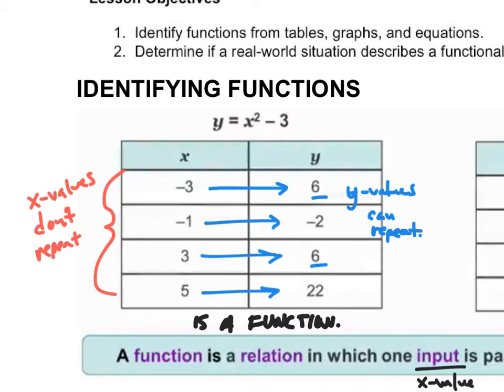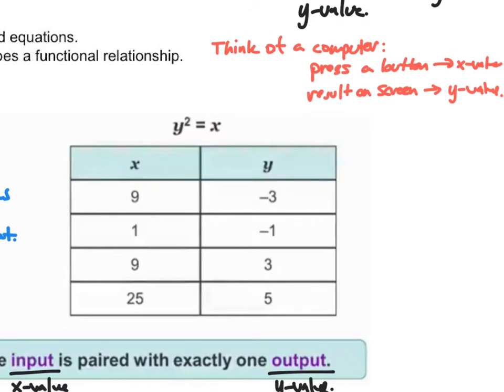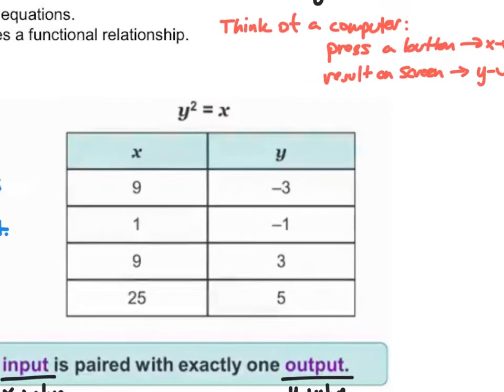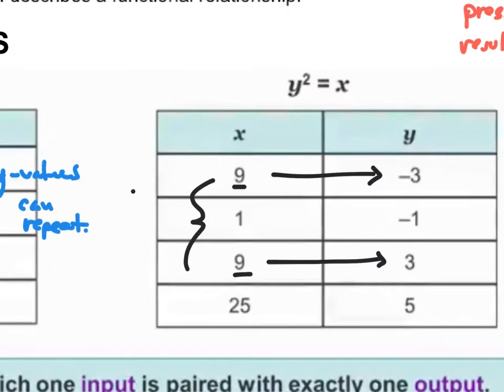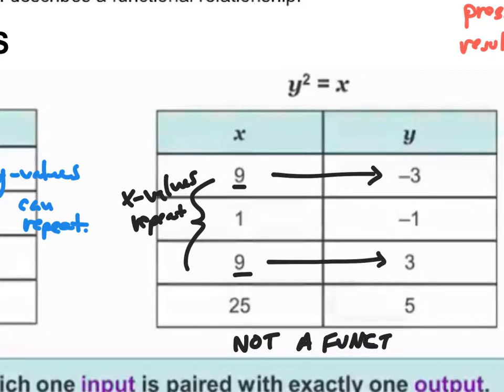Now if I go over to this side, notice that my x values repeat, and they map to other y values. Since my x values repeat, this is not a function. Your y values can repeat, but your x values cannot.